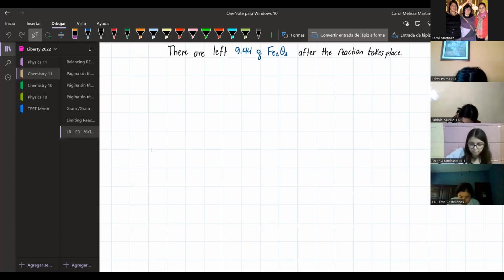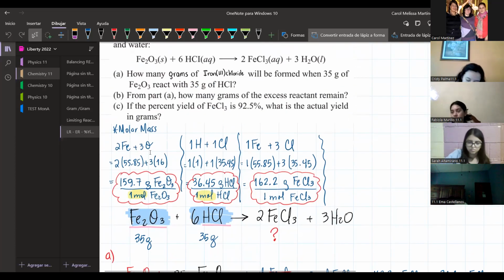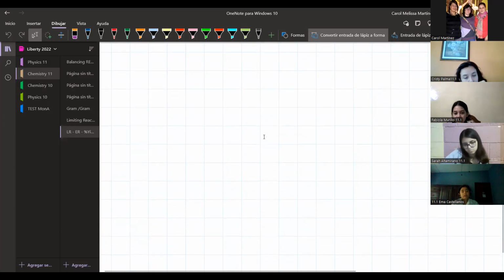Remember that the actual yield is what you really get in the lab. Most of the time I'm going to give it to you, but if I ask you to get the actual yield, I should give you the percent yield instead, so you can do the isolation. So in part C, we're going to be using the formula for percent yield.